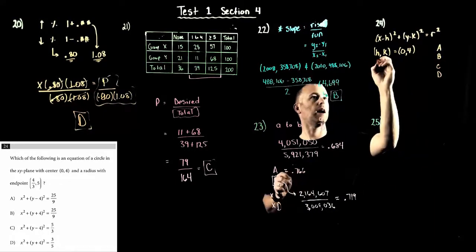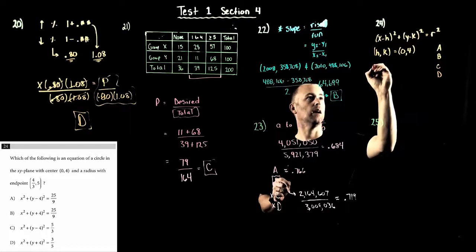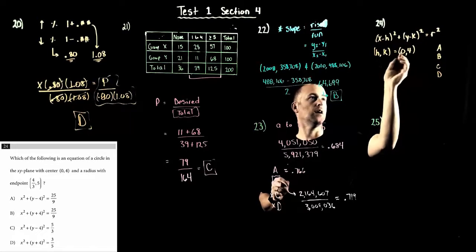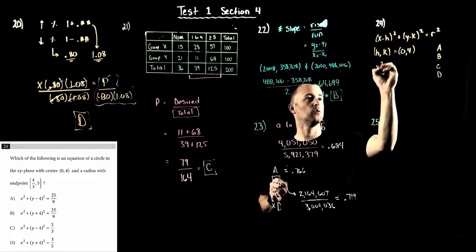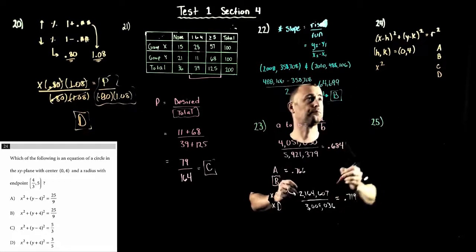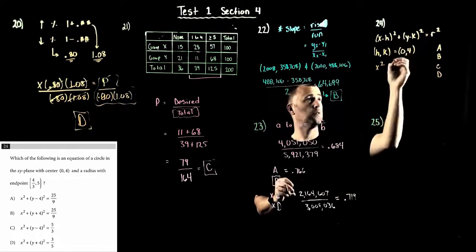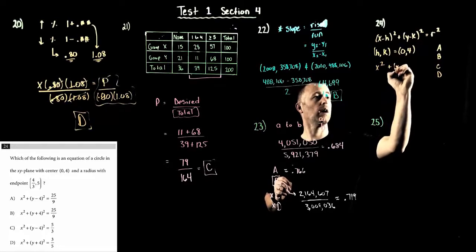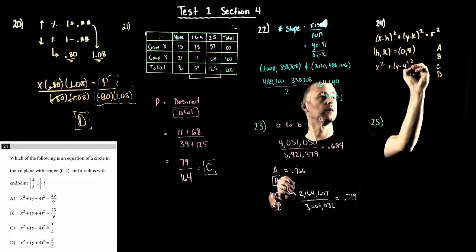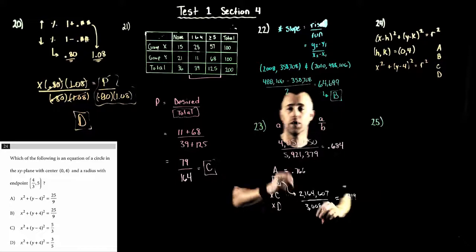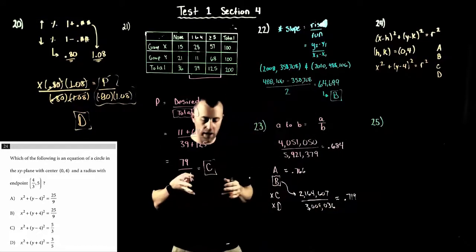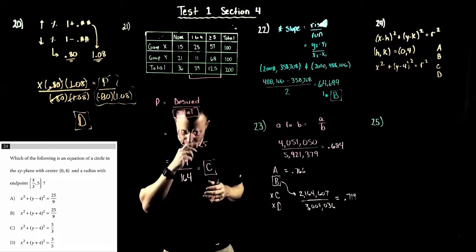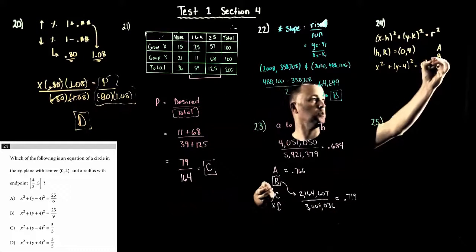Right off the bat, I know this is going to be x minus h, so this is going to be x squared, because h is 0. k is going to be 4, so it's going to be plus y minus 4 squared, and that equals r squared. So right off the bat, you can eliminate the answers that don't have that. So B and D are already ruled out.